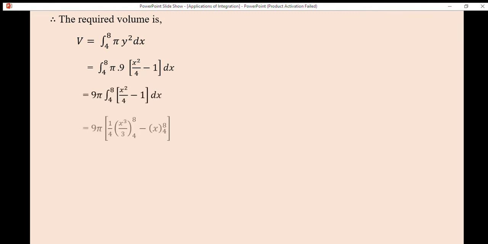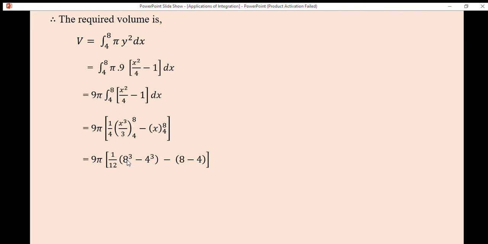Now integrate it by using your formula of integration. 9 pi is a constant, will come out. Constant we can take out of the integration. So 9 pi will come out, integration of the subtraction of two algebraic terms. Again here 1 by 4 is a constant, that will come out of that first term, and integration of x square is x cube upon 3 minus integration of 1 with respect to x is x. Here it is, limits as they are, 4 to 8.